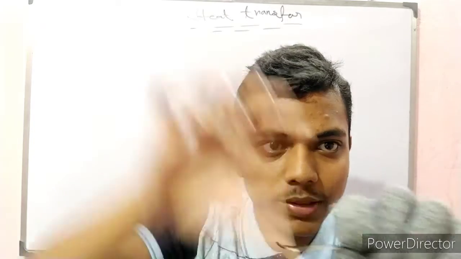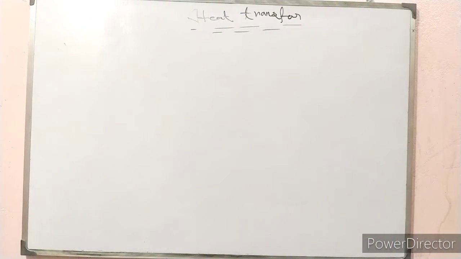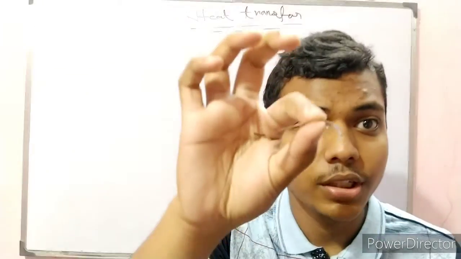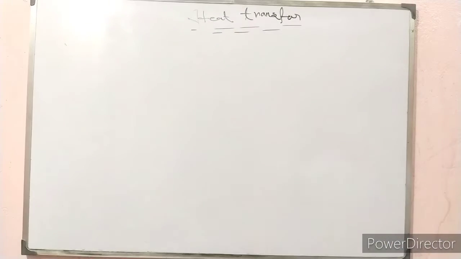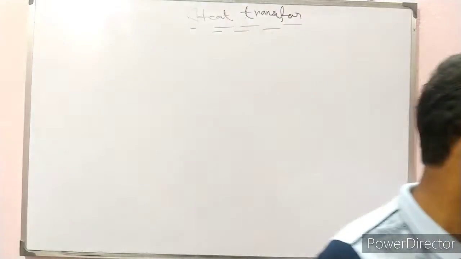When I touch this place, ouch, this is too hot. How can you say? I will give heat only at this place, but if I touch here, it is hot, and if I touch here, this is also hot. From this phenomenon and this demonstration we can tell that heat can transfer from one place to another place.